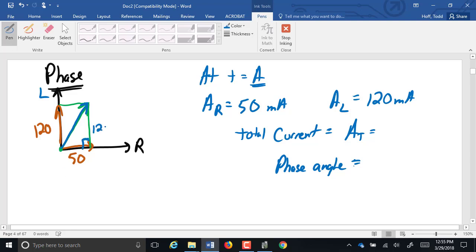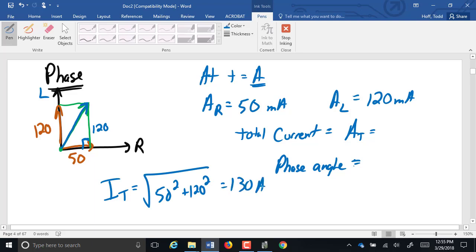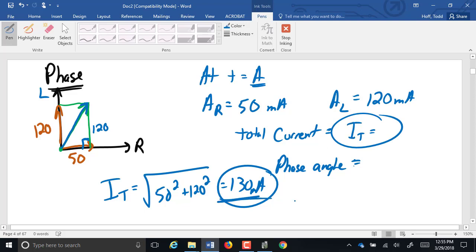Well, there you go. That's the right angle. This is 50 and 120. So that length, that's my total current, square root of 50 squared plus 120 squared, which is 130 milliamps. Those are in milliamps, so that'll be in milliamps as well. So my magnitude, my total current, is 130 milliamps.